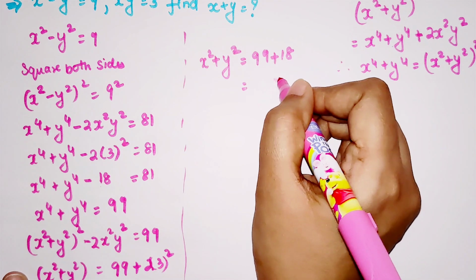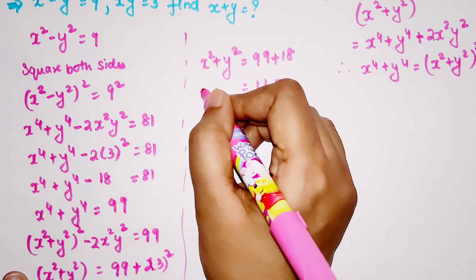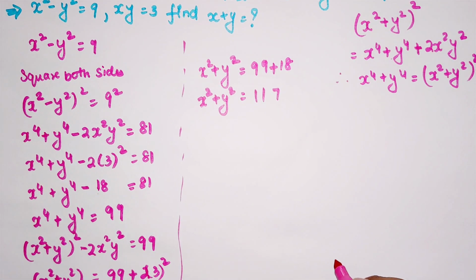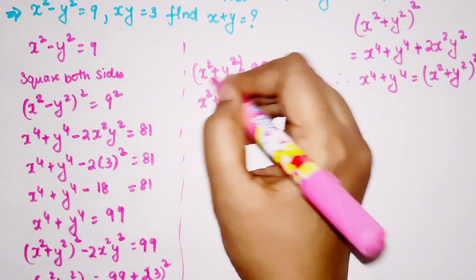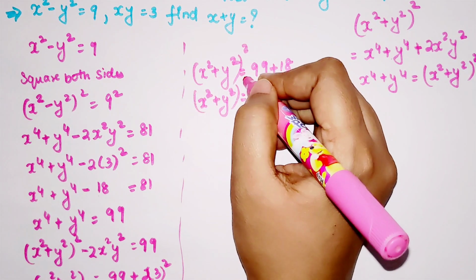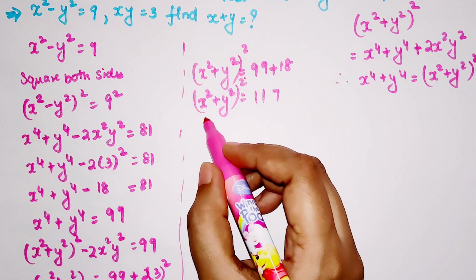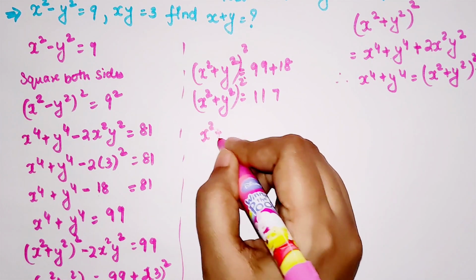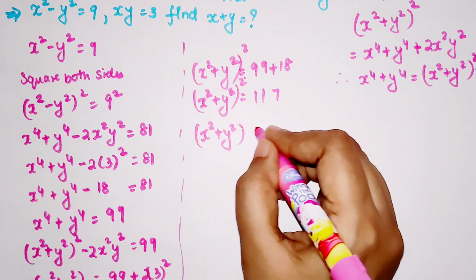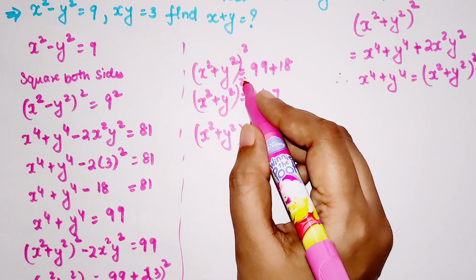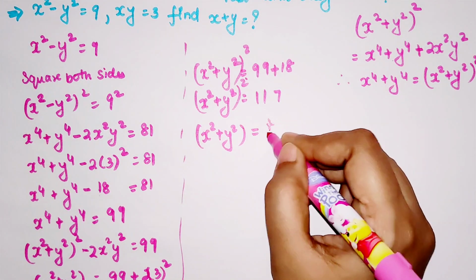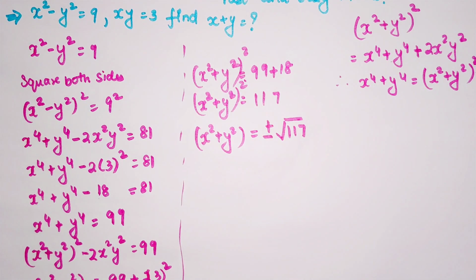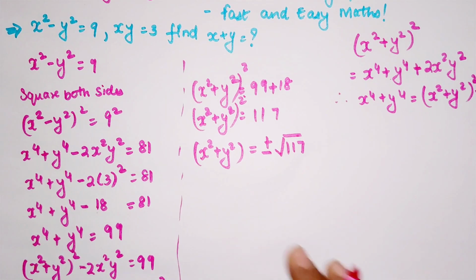That gets me 117, which is still the whole square over here. Now if I want just x square plus y square, then I can take the square root, right? So when I take the square root, the square will get cancelled, and here I'll get plus minus root of 117. But still students, this is not my final answer.